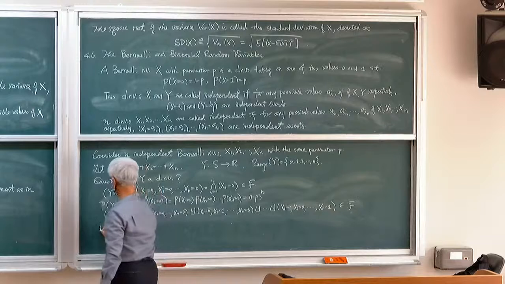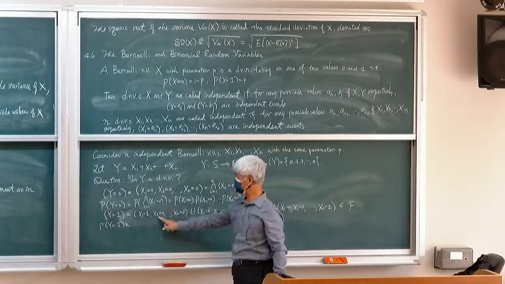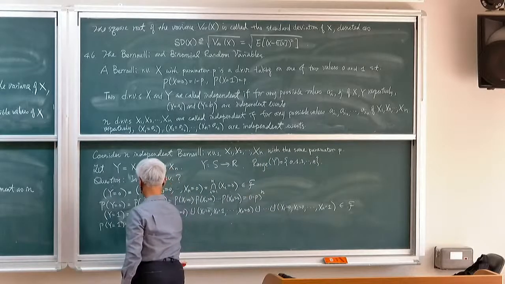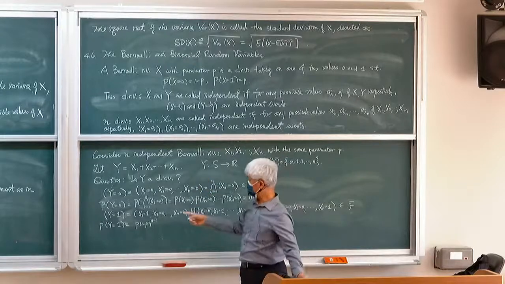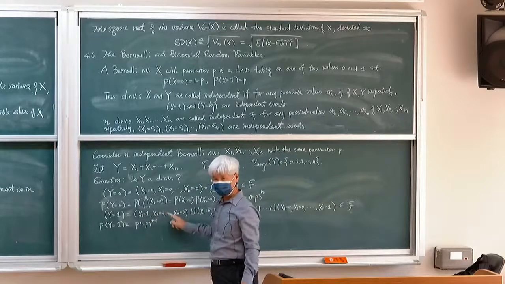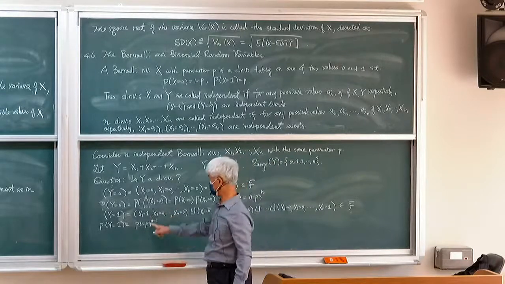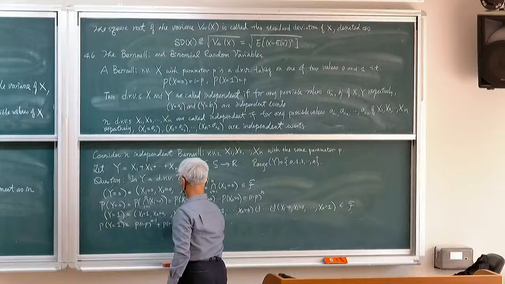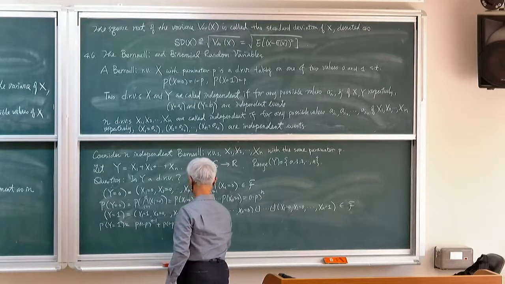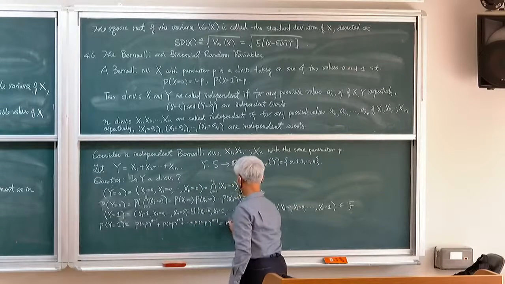And the probability of y equal to 1: this is p times 1 minus p to the n minus 1 power, because here we have independence, so the probability of intersections becomes the product of probabilities of individual events. And again, here we have p, 1 minus p to the n minus 1 power again. And how many of them? We have n of them.